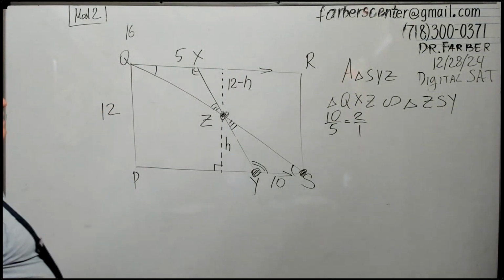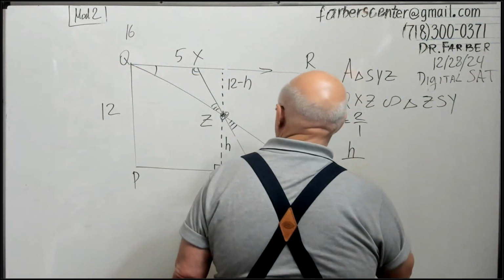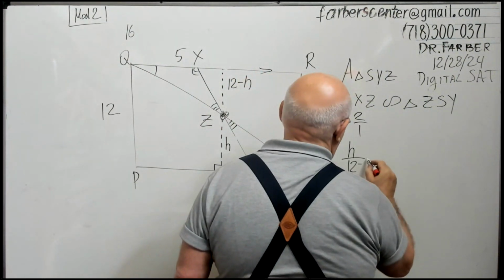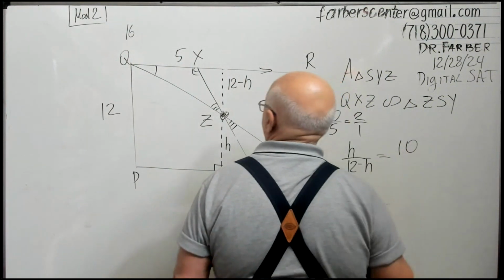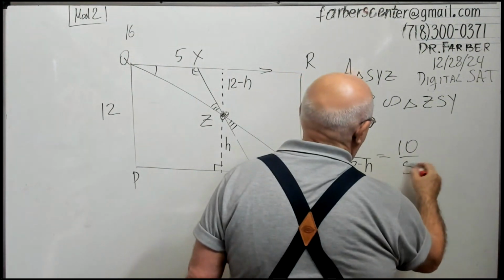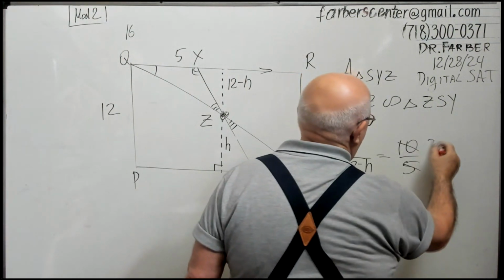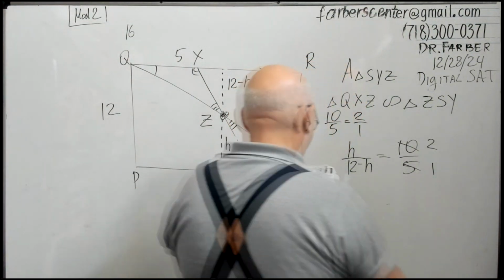So you can write H divided by 12 minus H equals 10 over 5, or 2 over 1. So far, so good. I look at this picture to see if I don't miss anything.